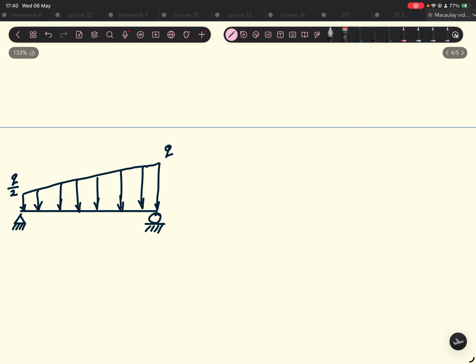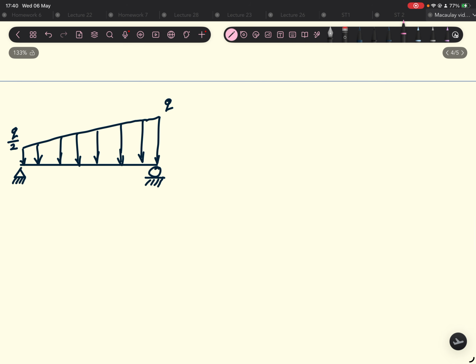And then in the case where you have a non-uniform distributed load, you can simplify the distributed load into two sections, right? Just like you did in SWK, you'd consider the triangle portion and a rectangular portion.